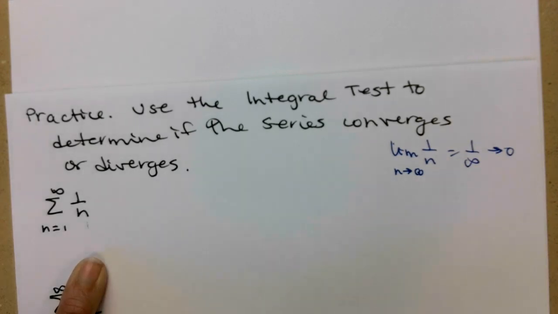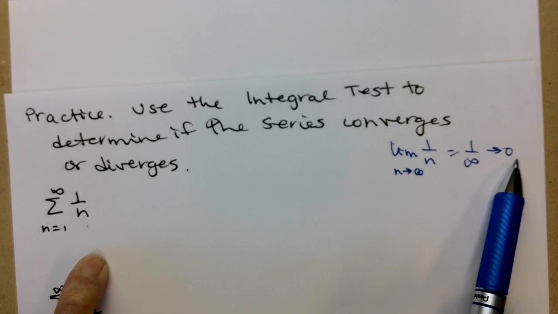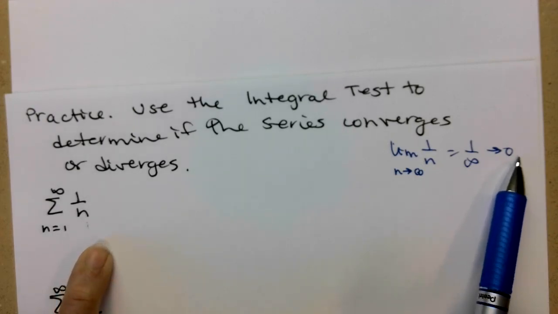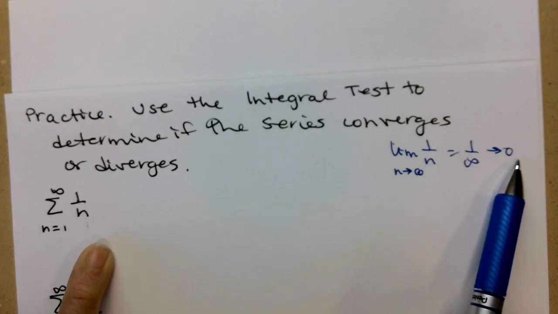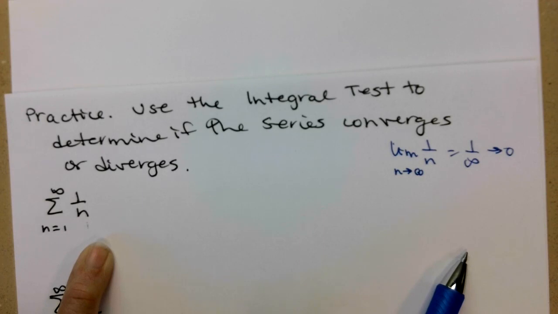I should make a big point about that. Just because an nth term goes to 0 does not mean that the series will converge. It's a necessary condition, but it's not a sufficient condition. So you have to check it again.